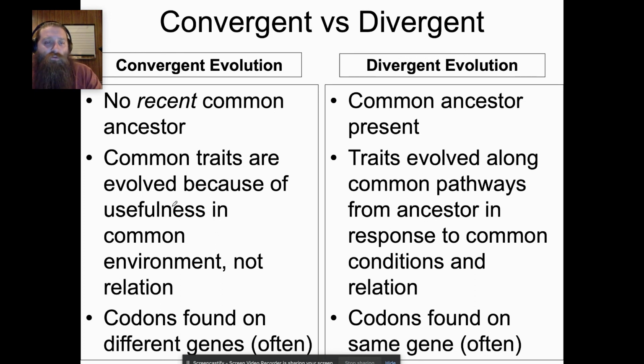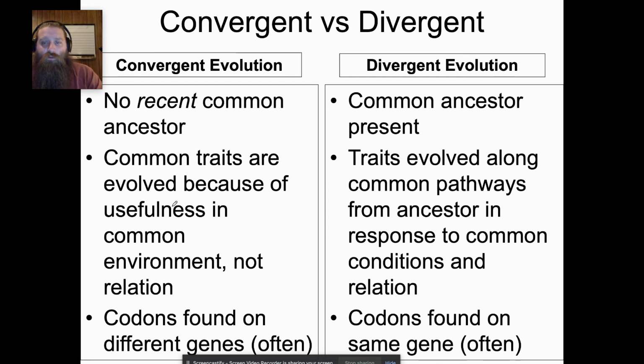In convergent evolution, you have no recent common ancestor, so the rose and the acacia tree. The common traits have evolved because they're useful in a common environment, not because they've been passed on through the genes. The codons for those structures, right? Because remember, everything that's on a living organism has to be coded for in the genes. The codons are found on different genes, usually, okay?